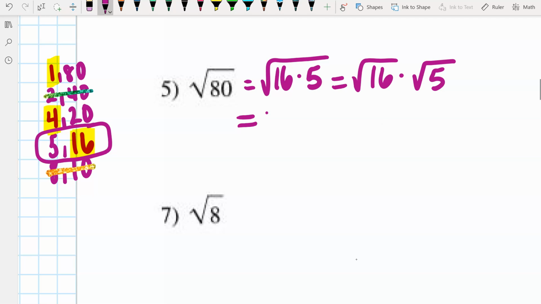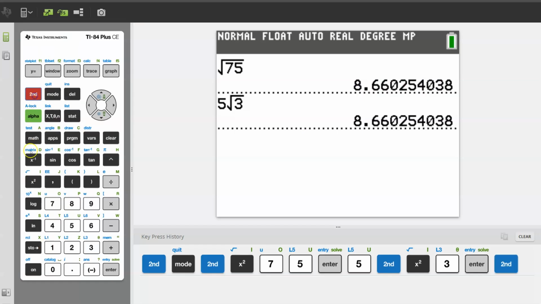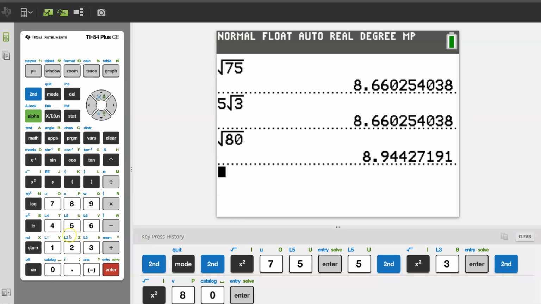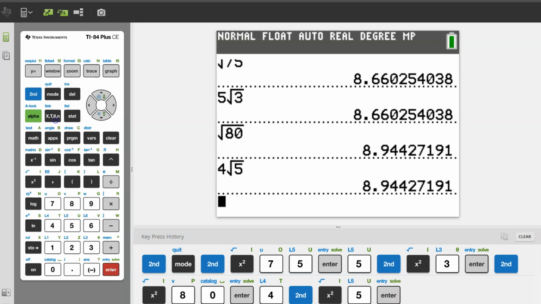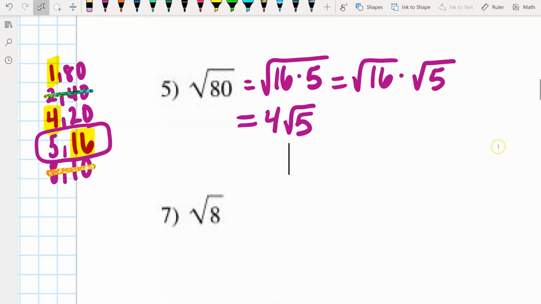So I can write 4 instead of square root of 16. And then square root of 5 we know is irrational, so I'm just going to bring it down. So we're going to test this out really quick. So square root of 80 gives us this nice decimal. Then 4 square root of 5 gives us the same decimal. Okay, so that's a way you can check your work.